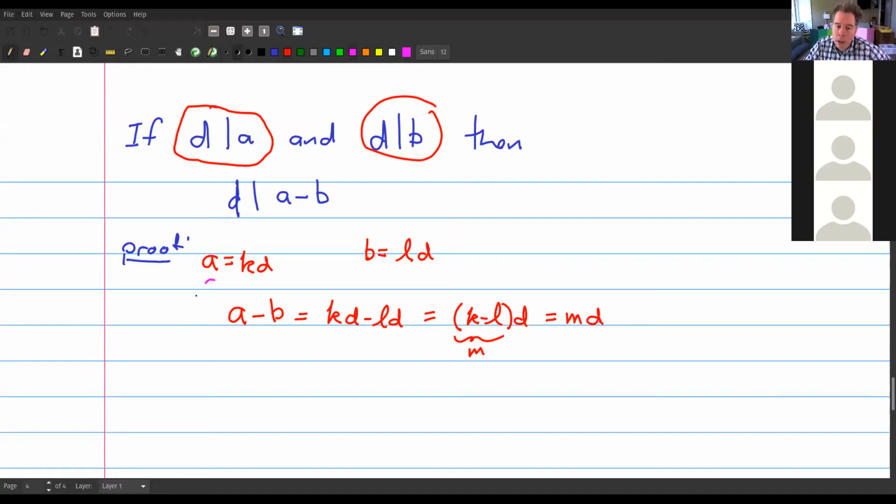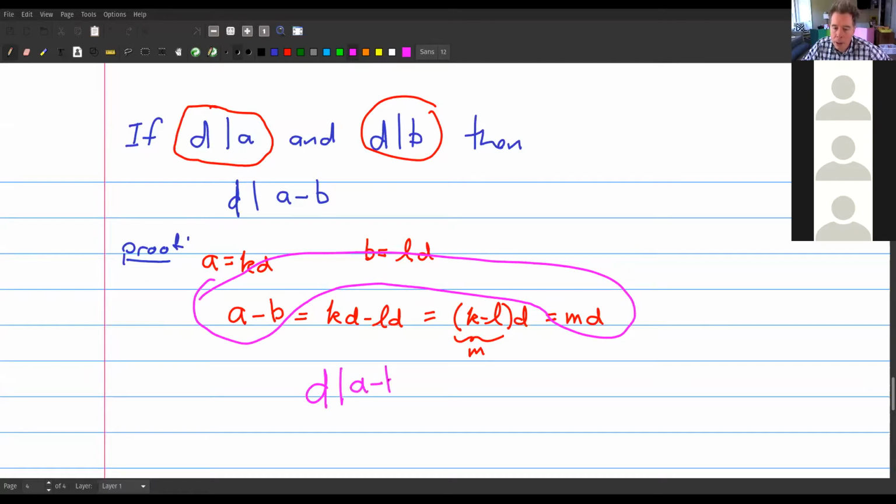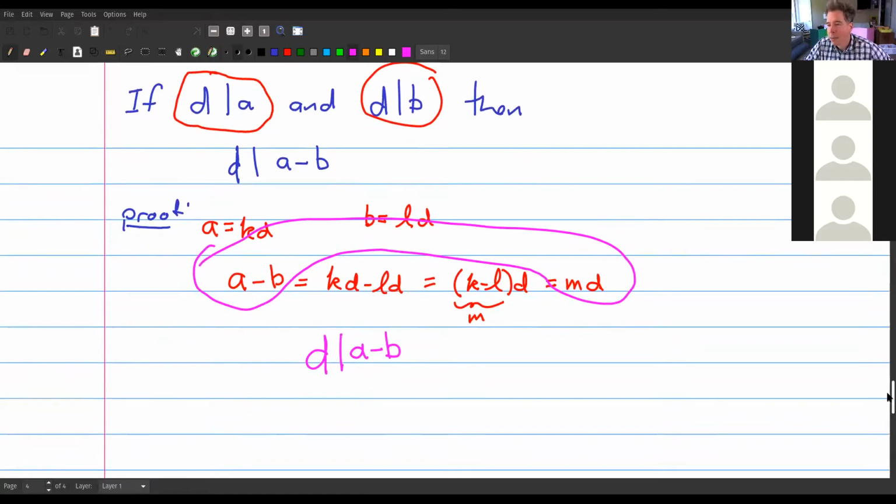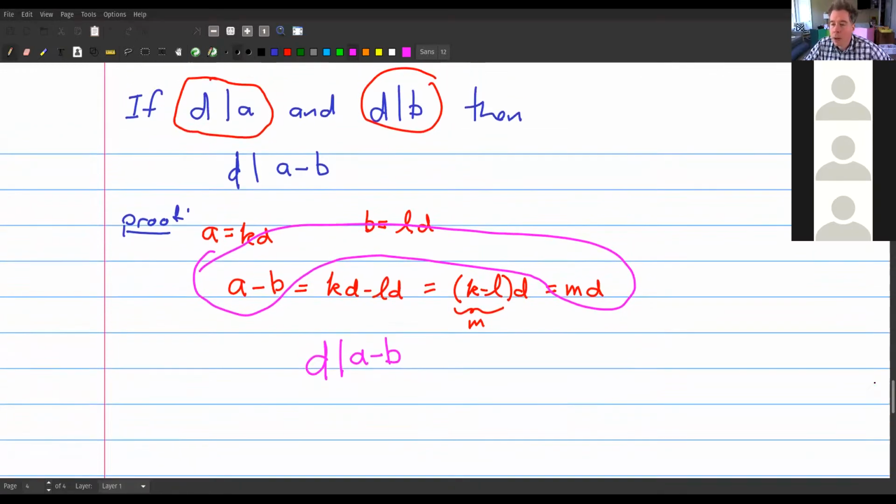Now, if you look at just this part, A minus B is equal to M times D. That means D divides A minus B. So every common divisor of A and B is a divisor of their difference.